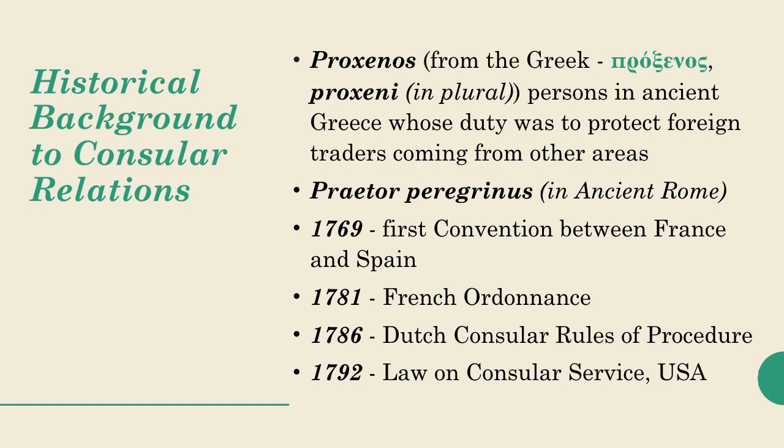For example, the French Ordinance of 1781, the Dutch Consular Rules of Procedure of 1786, the Law on Consular Service of the United States of America of 1792. The development of the institute of consul was completed with the codification of consular law under the Vienna Convention on Consular Relations in 1963.